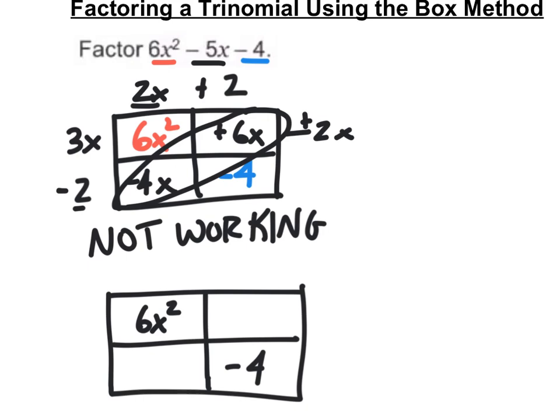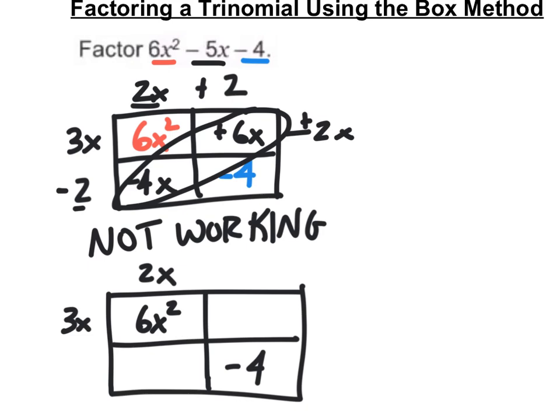So let's try something else. Let's keep the same 3x over here and then a 2x over here. And then instead of using the 2's, let's use 1 and negative 4.